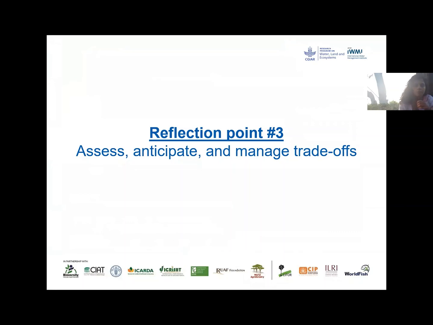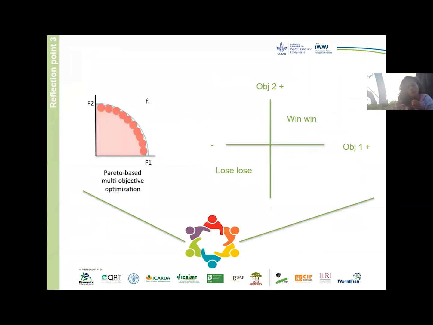The third reflection point is that we want to assess, anticipate, and manage trade-offs. We need to bring together or marry the local knowledge and desires and visions and projections and mobilize models to foresee or anticipate the impacts of the selected interventions.